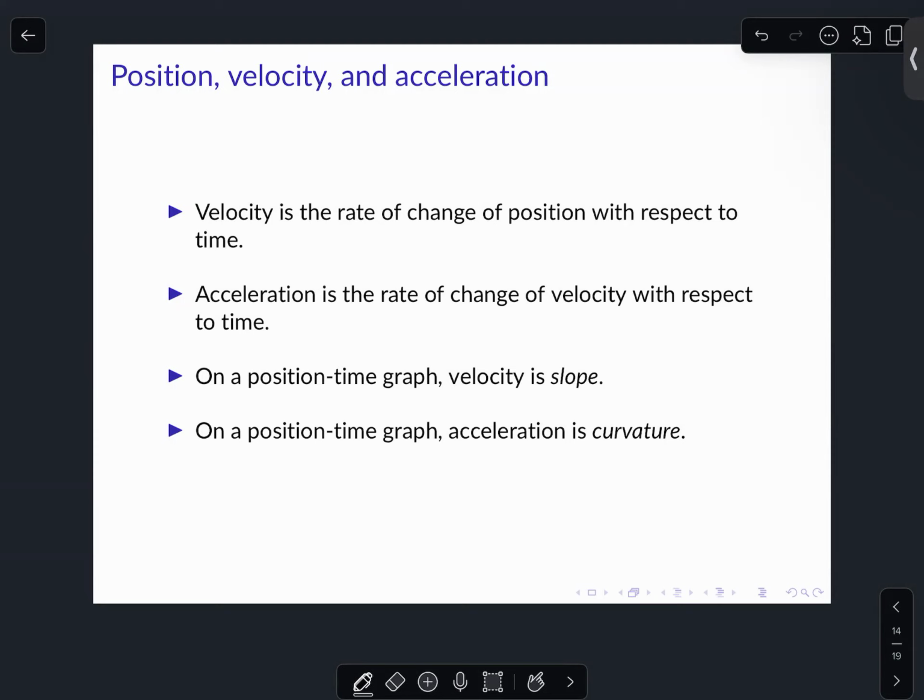We're just going to identify whether there is or is not a curvature, and in which direction it is. Foundations for what comes on the next slide. Velocity is the slope, the rate of change of position. Acceleration is the slope of velocity, which means that on a position-time graph, we see velocity by slope. We see acceleration as curvature.